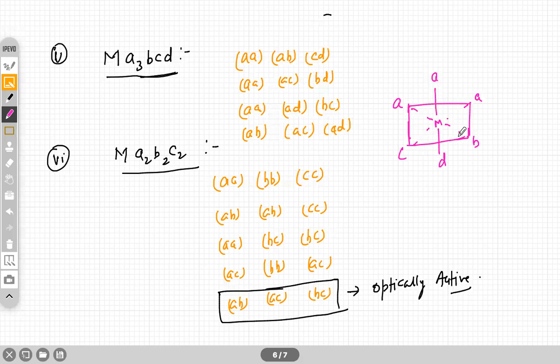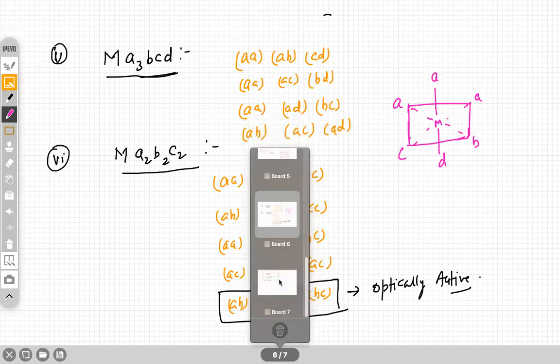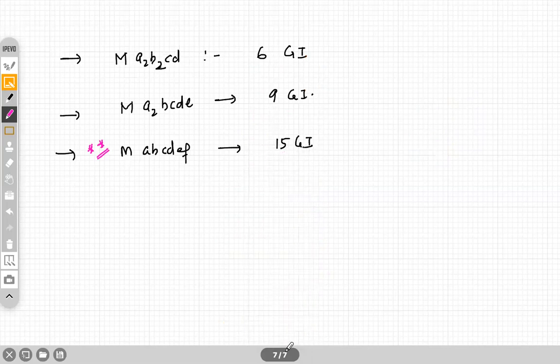Sir, can we also say if there are no identical elements in the same ordered pair, they'll be optically active? Like if there's no AA, BB and all, and there's AB, BC, AC and all, then it'll be optically active. Is it right to say that? For optical activity, we just check the plane of symmetry.